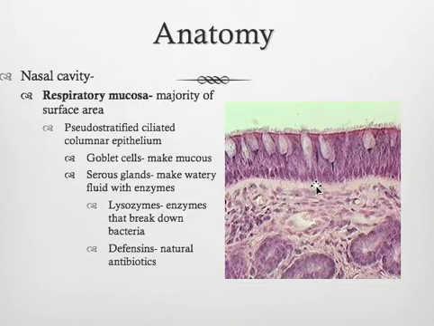So you have goblet cells making mucus. Mucus will glob up, and then hopefully you remove from your body all of the stuff that you're inhaling. You have lysozymes in the liquidy part of that that break down the cell walls of bacteria. You have defensins, which are natural antibiotics, and you also have your normal microflora that are living there, keeping you well.